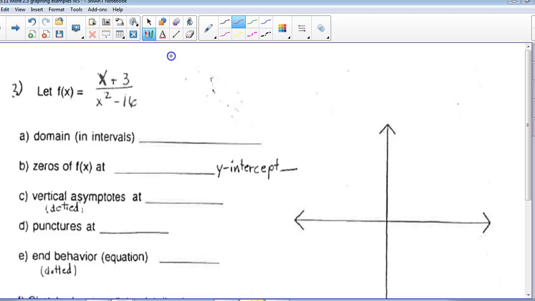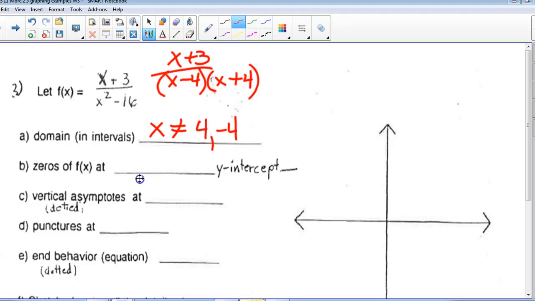All right. What's happening here? What's the first thing on the gold sheet say always do? Okay. I'm going to call on some people this time. Brenton, what are the domain restrictions? Good job. Donovan, where are the vertical asymptotes then? X equals 4, x equals -4.